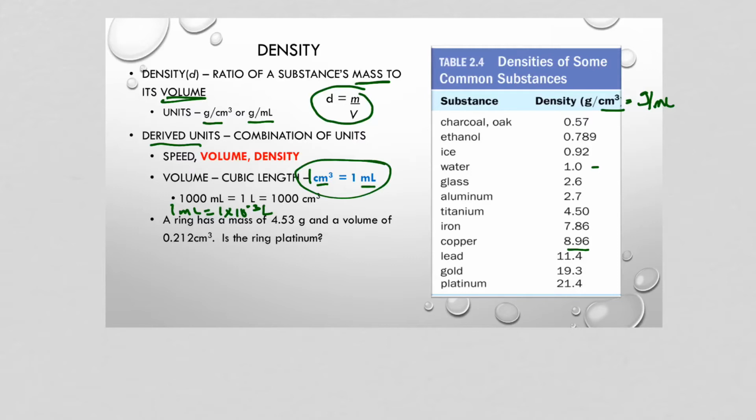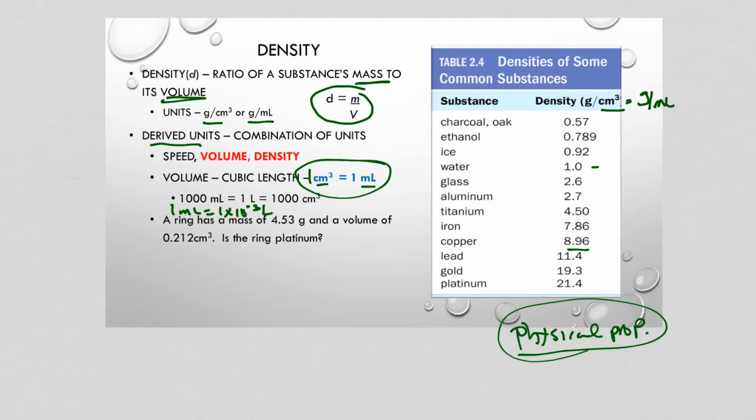So if I have the same amount of water and copper, the copper is going to weigh almost 9 times as much. So the same volume is going to be more massive. It has a higher density. So that's the idea. Now, density is what we will later call a physical property.